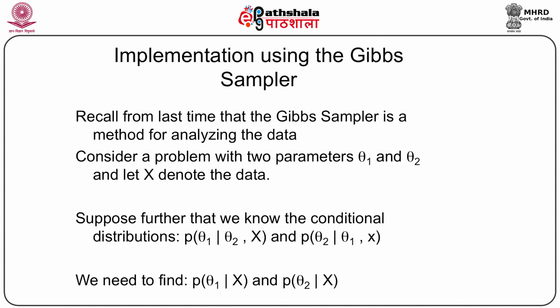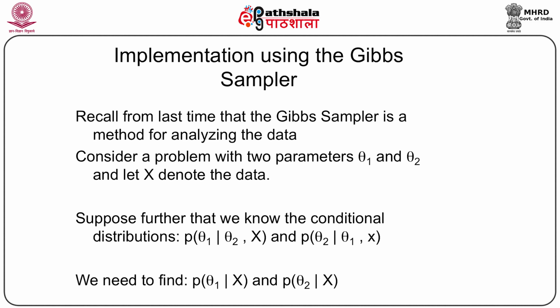Let us talk about the intuition behind the Gibbs sampler. We consider a problem with two parameters, say θ1 and θ2, and let x denote the data. Suppose further that we know the conditional distributions of P of theta 1 given theta 2 and the data x, and P of theta 2 given theta 1 and x.